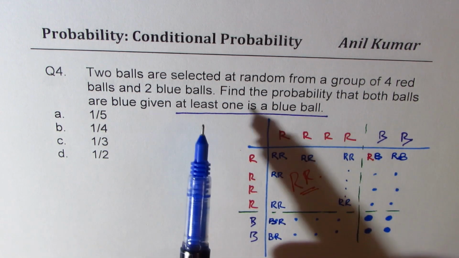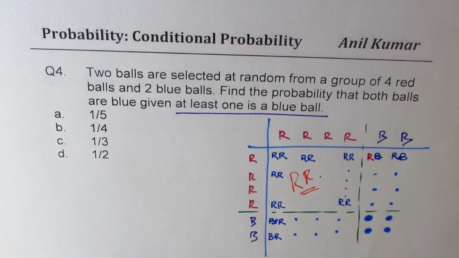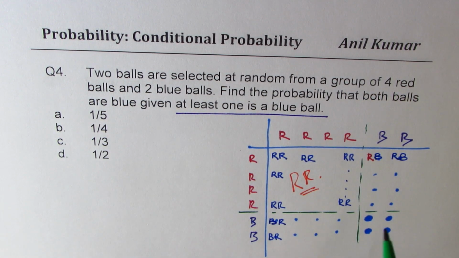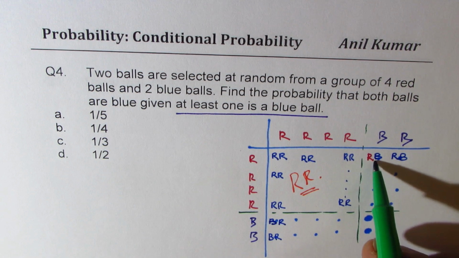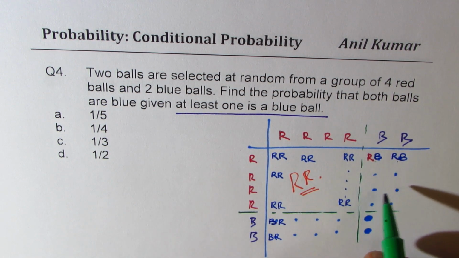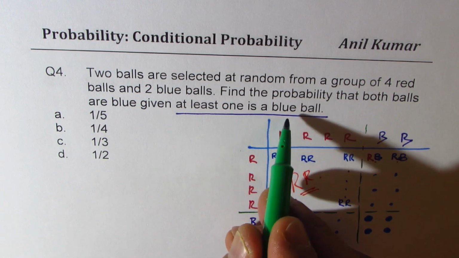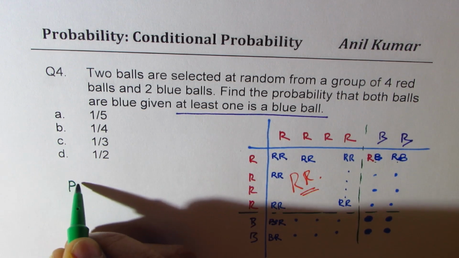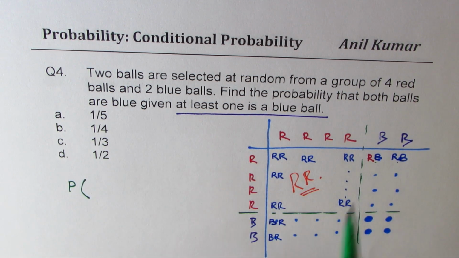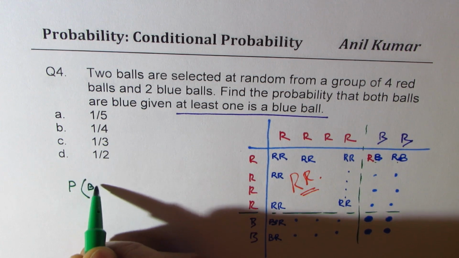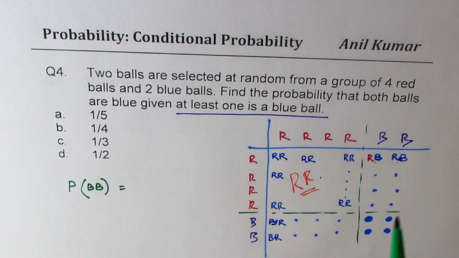Since we are given at least one is blue, that means we're looking into a sample space of this, right? So when we say at least one is blue, then what is the probability that both are blue? So we want probability of both blue. We know at least one is blue.